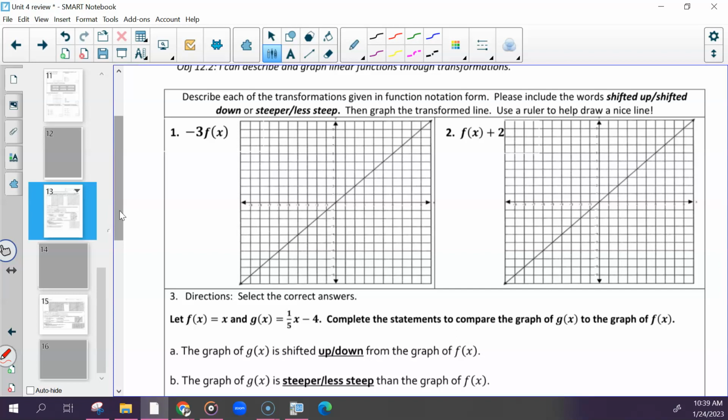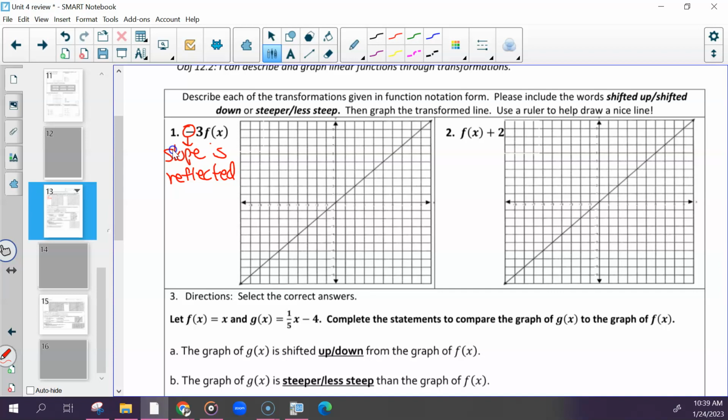Matthew? The slope is reflected. Yes. So I just circled the negative and put that with it so you know that's where that came from. What else?